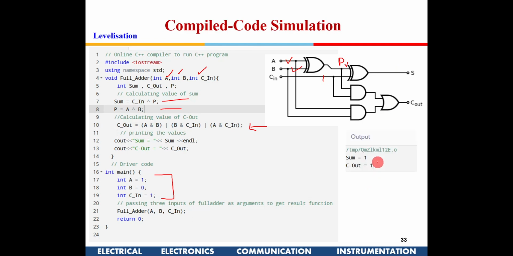If I run the simulation, for 101 the sum should have been 0. But what has happened is the sum got computed first, so it took P as a 0 and computed, whereas P was assigned as 1 later on. So this is known as levelization.